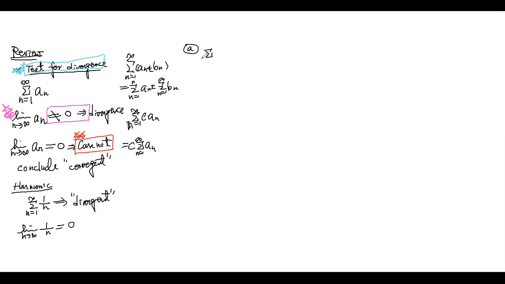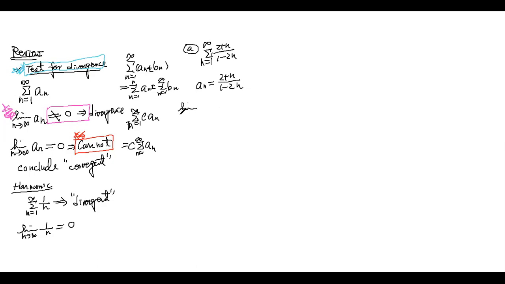This is the sum from n equals 1 to infinity of (2 plus n) over (1 minus 2n), right? Like I say, I always want to do the divergence test. So my a_n is (2 plus n) over (1 minus 2n).